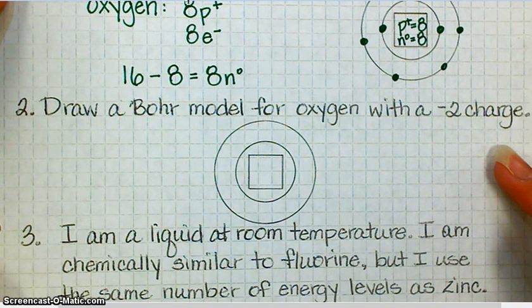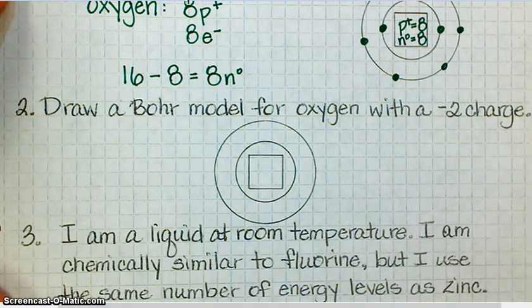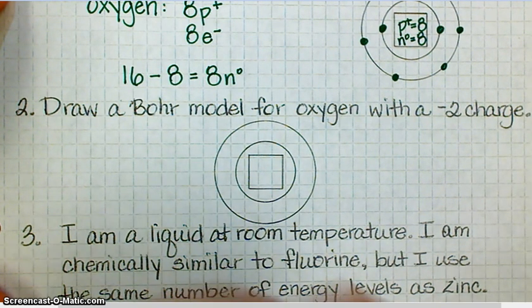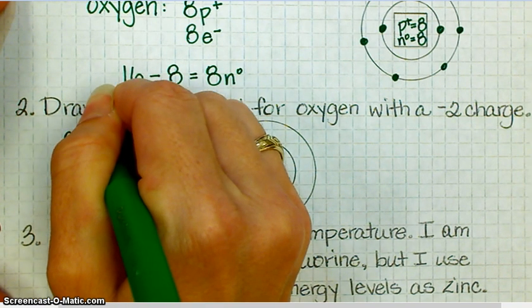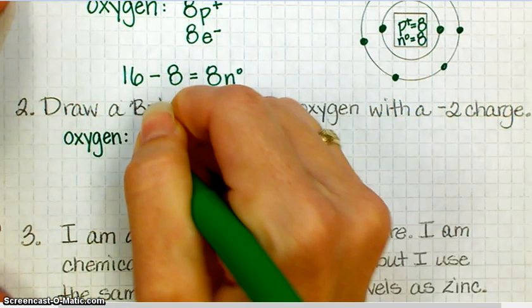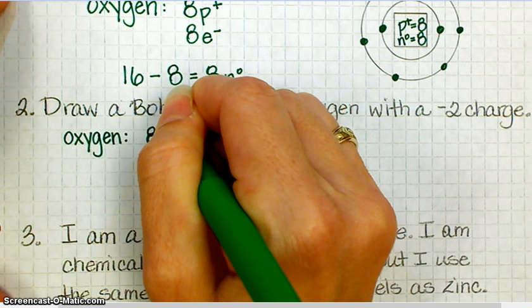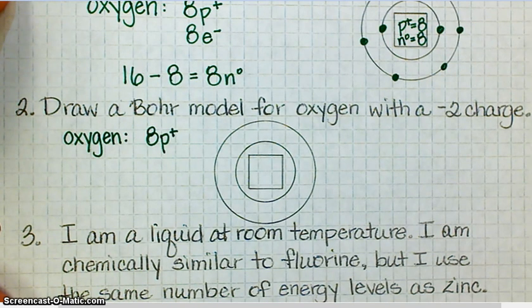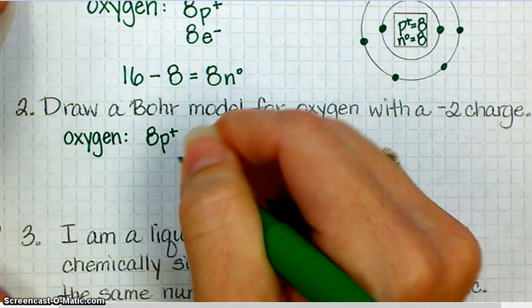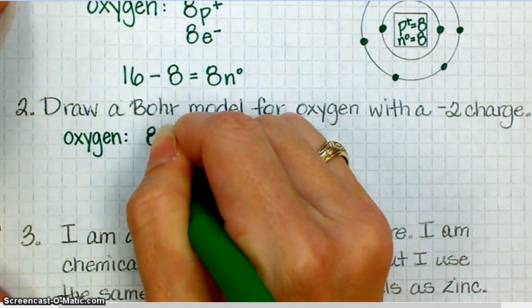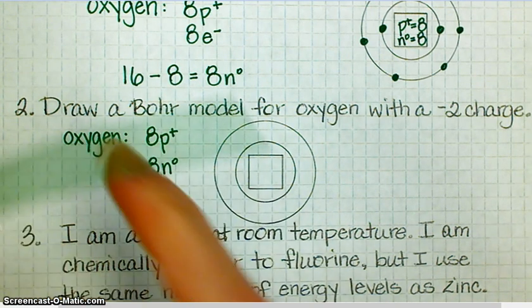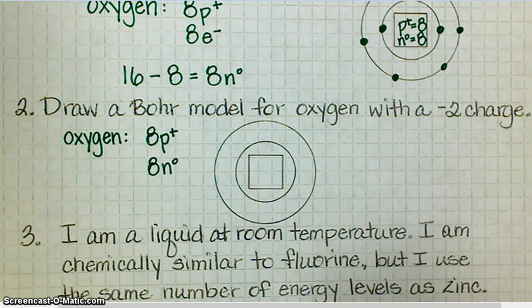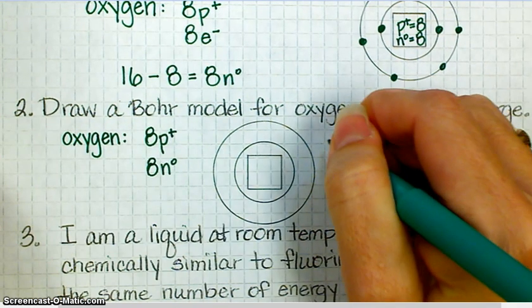Number 2 says to draw a Bohr model for an oxygen atom with a -2 charge. All right, well, it's still oxygen, so it's still going to have 8 protons because that's what makes it oxygen. It's going to have 8 neutrons, but it says a -2 charge, meaning that it's going to have a couple of extra electrons. Okay?